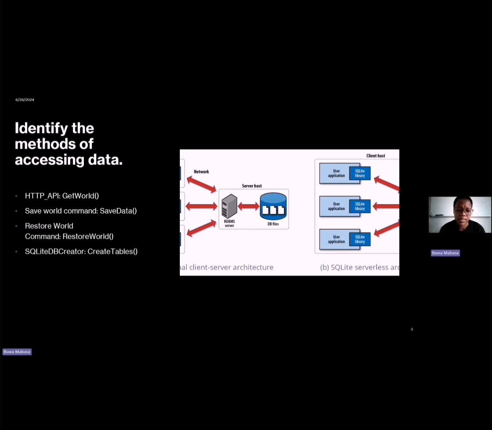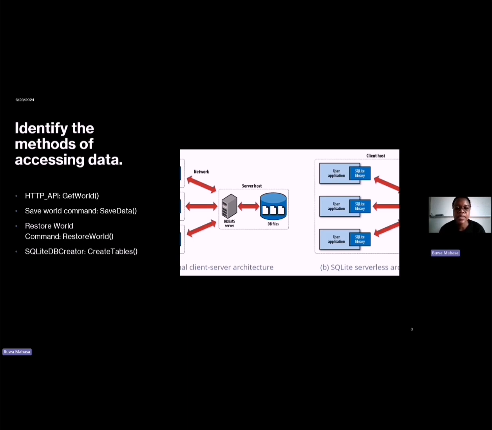We also have the restore world method, which is inside the restore world command class. That method is used to restore the world which was saved by the user. We use the name of the world to restore that particular world, and this will restore the world, its size, the pits, the obstacles, and the mines inside the world.